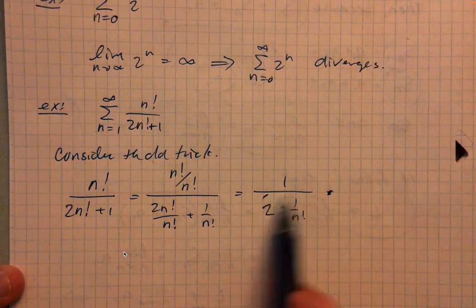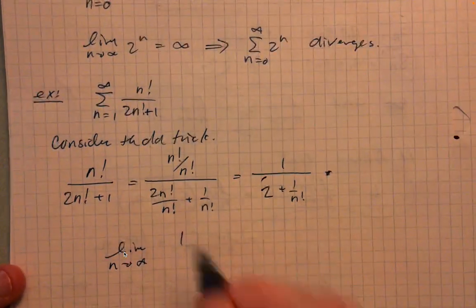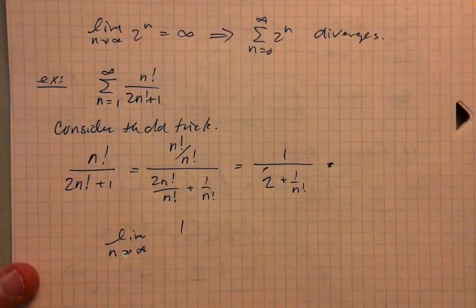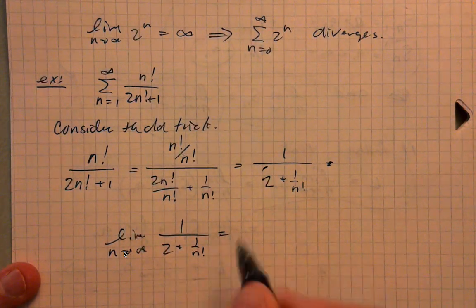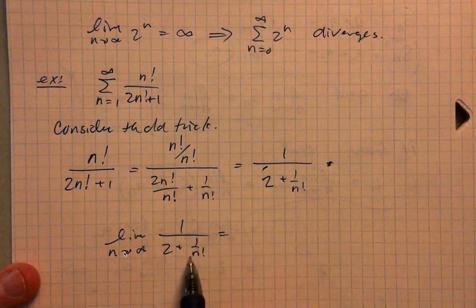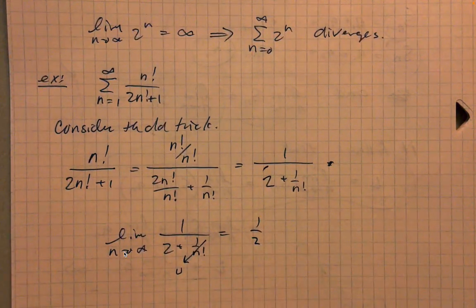So what happens with this in the limit? The limit as n goes to infinity of 1 over 2 plus 1 over n factorial. Well, the first term is fine, but the second is going to 0, so you get 1/2 here.